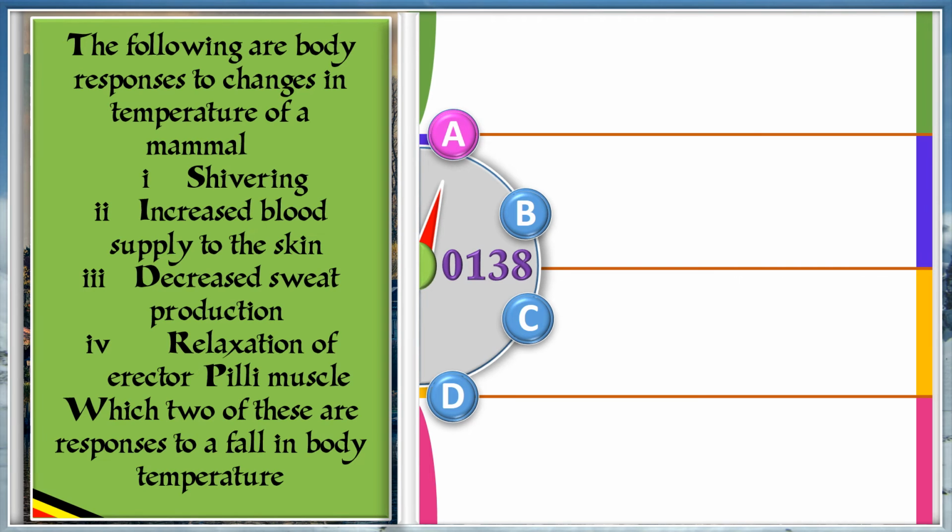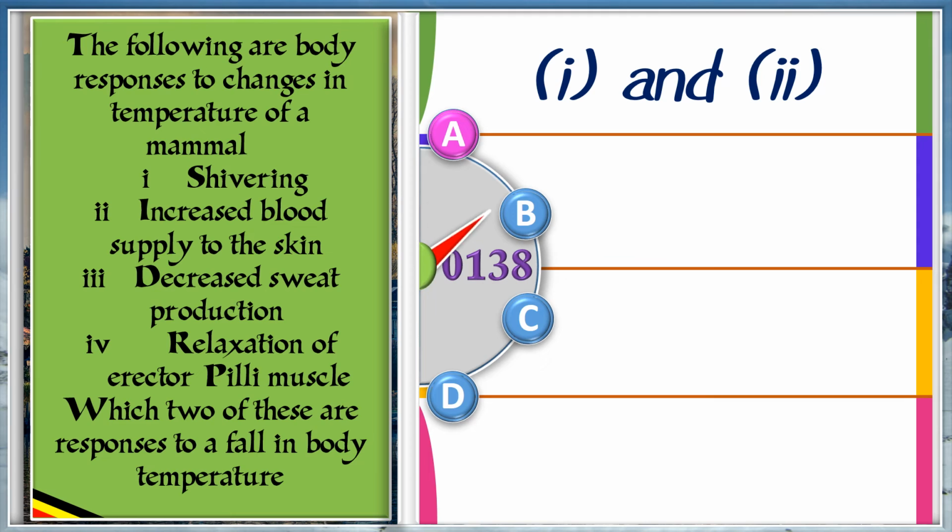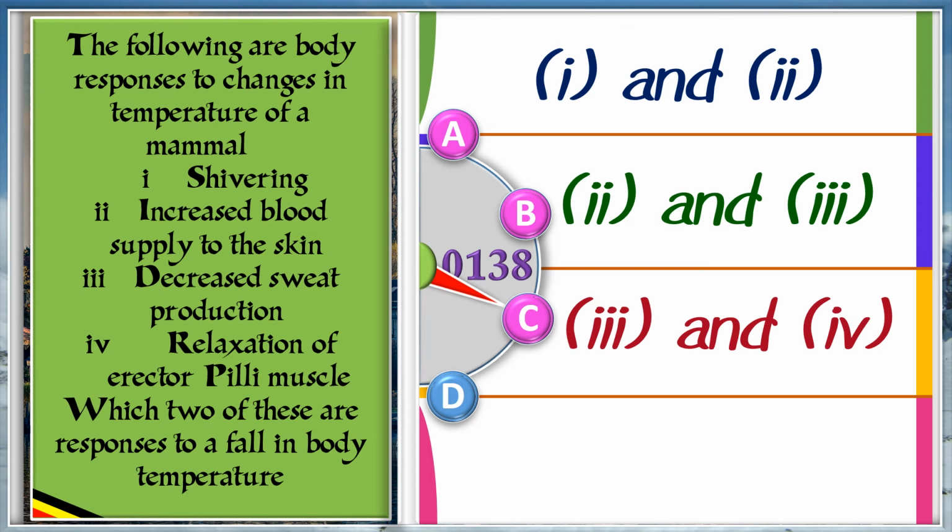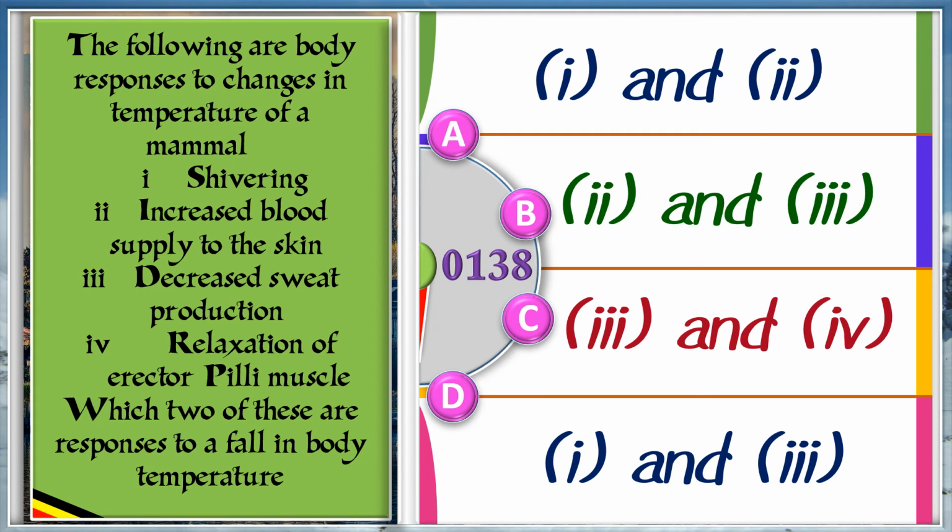A. 1 and 2. B. 2 and 3. C. 3 and 4. D. 1 and 3. And the answer is D. 1, Shivering, and 3, Decreased sweat production.